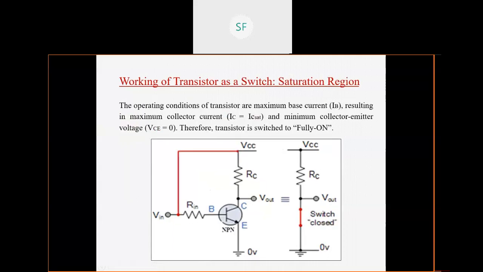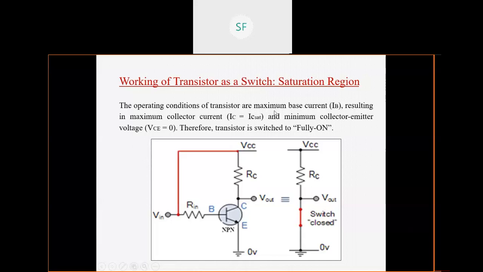Now similarly, what is happening in the saturation region? Okay, so we will go with the same flow, that the operating conditions of the transistor. Now in saturation region, I will first tell you what are the conditions, and then we will see how these conditions are actually we are getting it.